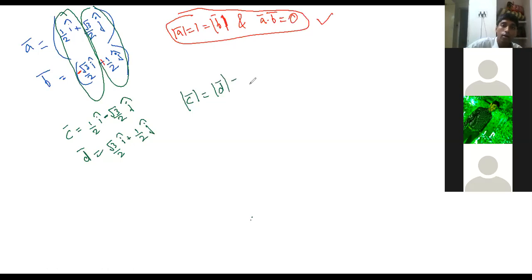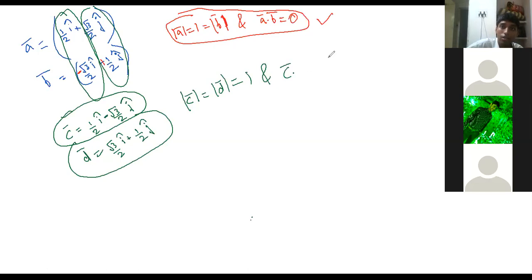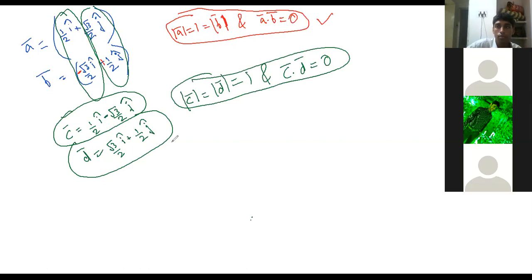If you want, you can check. You'll still see that both of them are unit vectors. Are you guys able to see? Yes, sir. And still you'll see the dot product in this direction is also 0. Is that okay? Yes, sir. That is the magic.